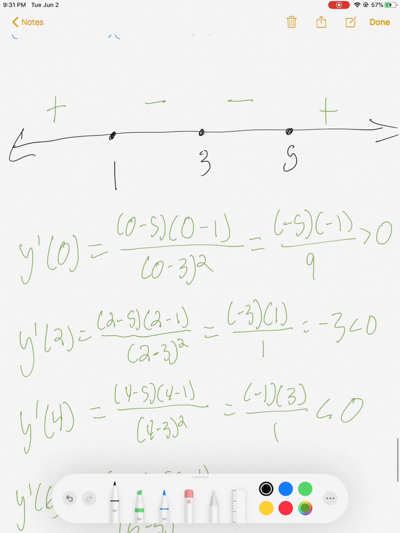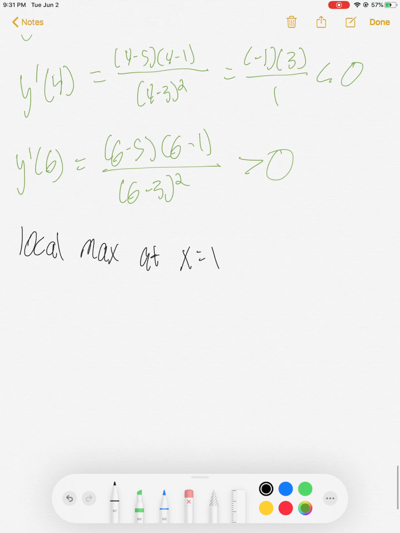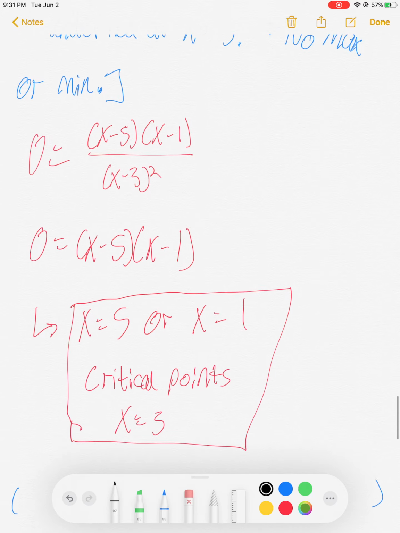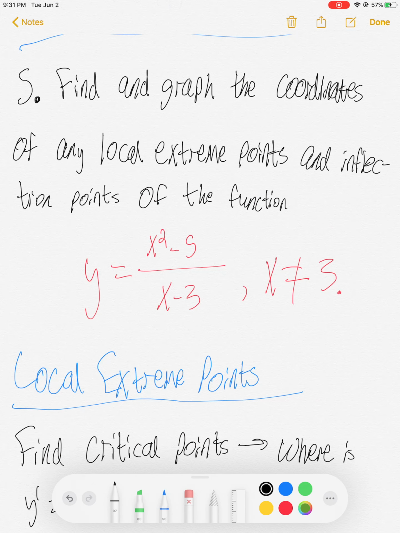It looks like we have a local min, or is it a max? Excuse me, local max at x equals 1 because the derivative is positive and then negative. So the function is increasing before 1 and then decreasing after 1.